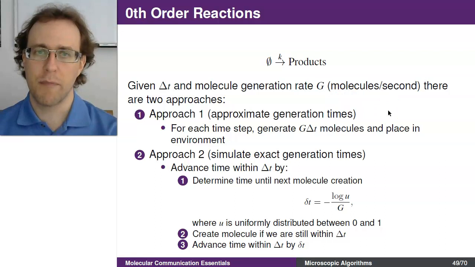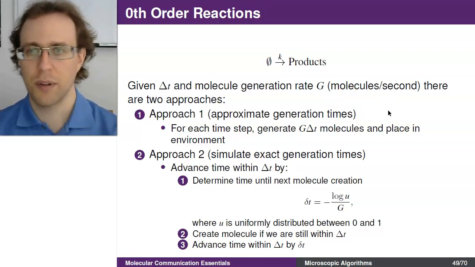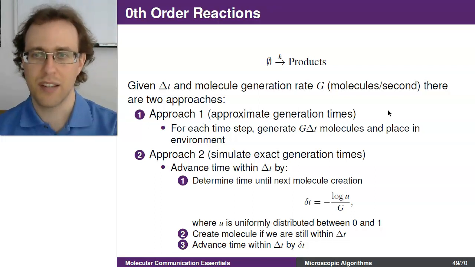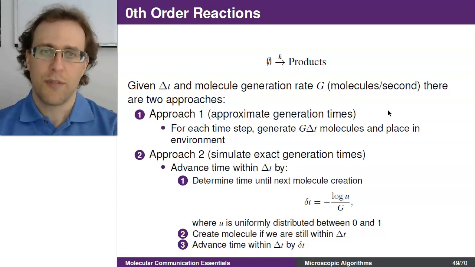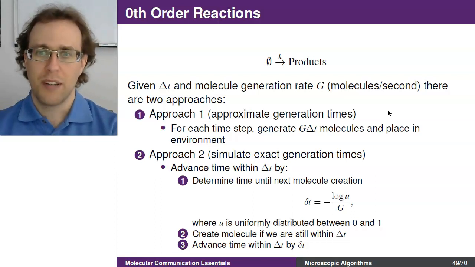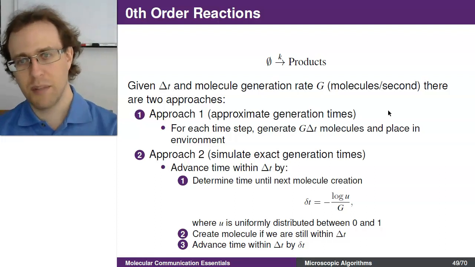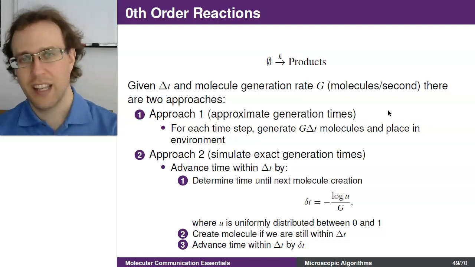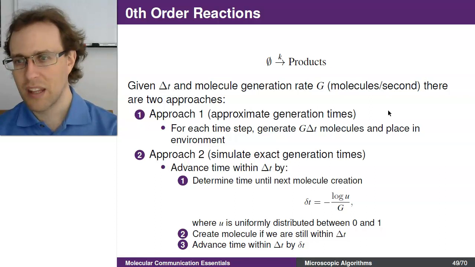You could get this from the standard k for a zeroth order reaction multiplied by the volume where your simulation takes place. You'll note though that if your volume is infinite, if your system's unbounded, then your generation rate will also be infinite. So it can be inconvenient to run zeroth order reactions that take place anywhere in your propagation space if your space is unbounded.